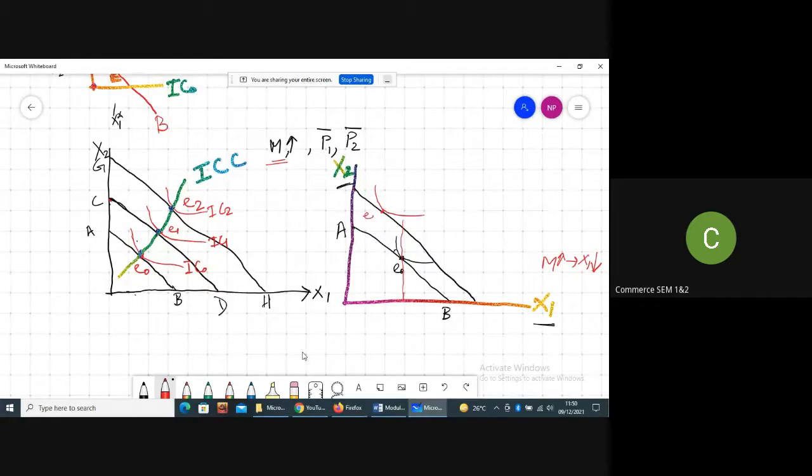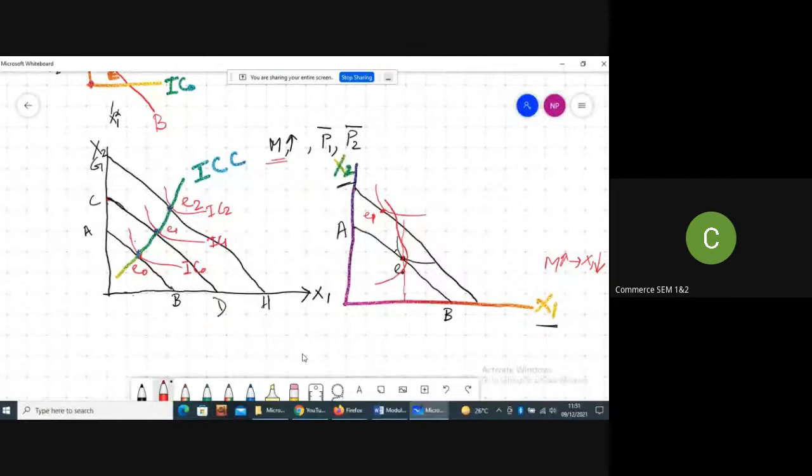So this is E1, where consumption of X1 is less than consumption of X1 at point E0. So if you join point E0 and point E1, you will get a curve like this. So it will be a backward bending curve like this. Fine. So backward bending from the X1 axis.